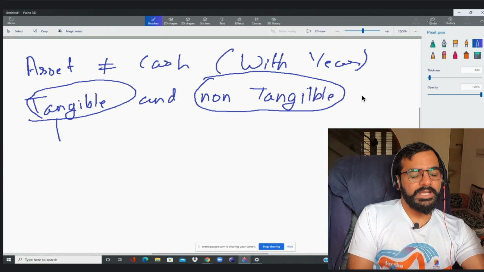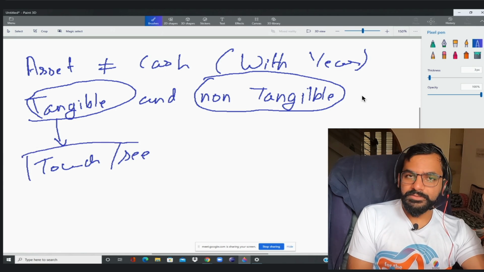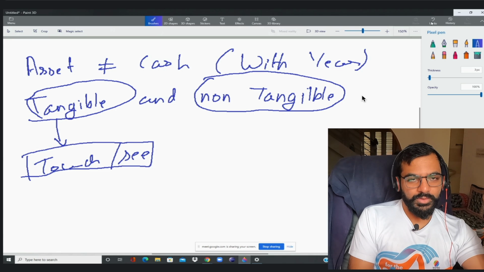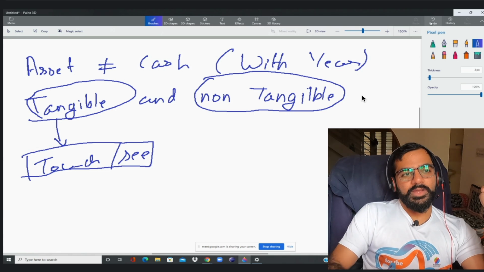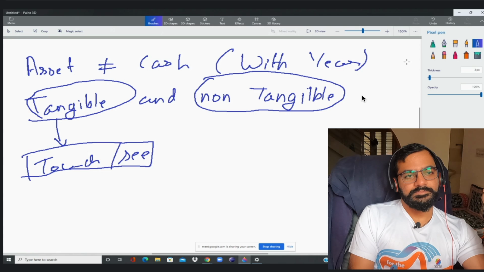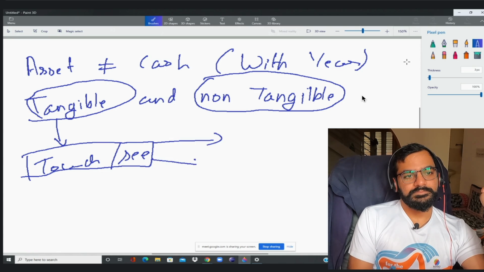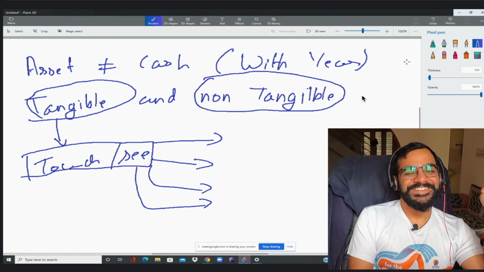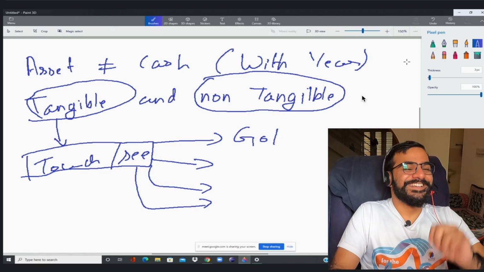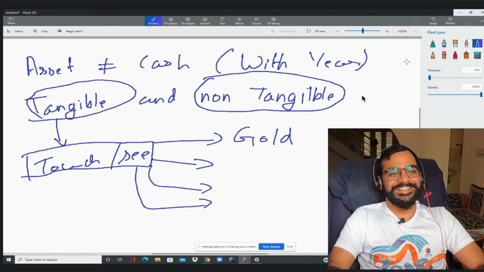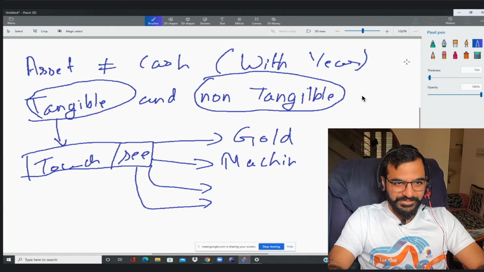The asset which we can touch or see comes under tangible assets. Now, any examples here? Perfect.